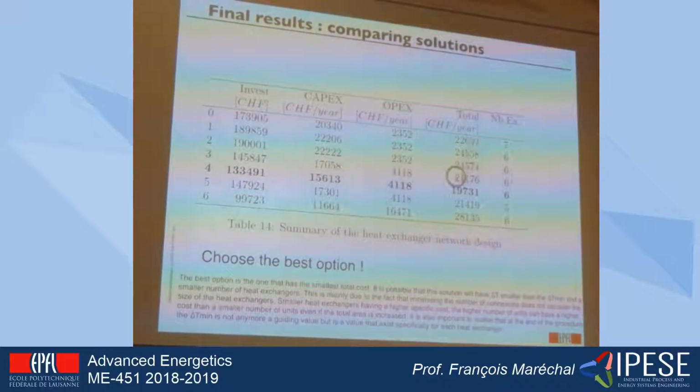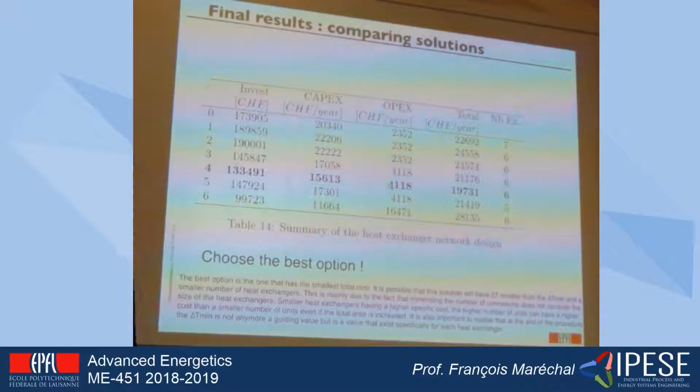And of course, the best one is the one that has the lowest total cost, which is the solution number 4, which is going to spend more than the minimum energy requirement that was expected, but that is eliminating a small heat exchanger that is costing too much.